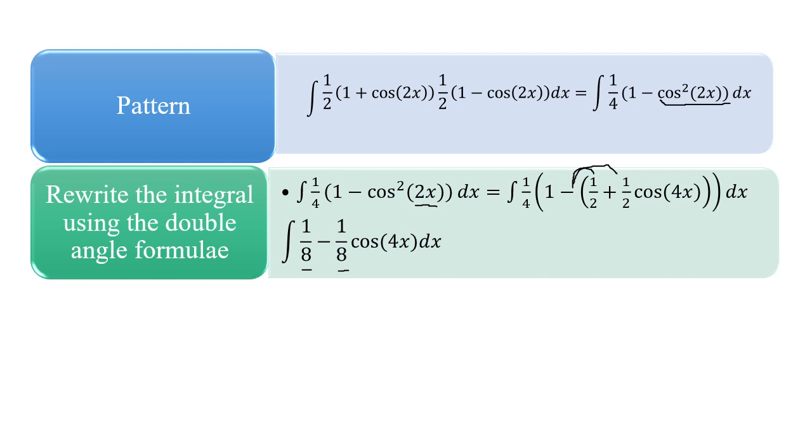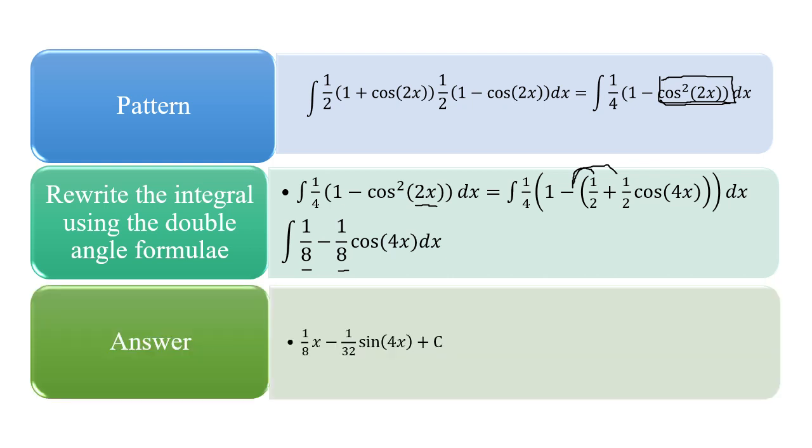So what we did here, we used the double angle to rewrite cosine squared 2x as just a cosine by doubling the angle. And then I simplified the integral. So I'm left now with just integrating. If we integrate 1/8, we get 1/8 x. And if we integrate negative 1/8 cosine 4x, the antiderivative of negative cosine is negative sine, but this is not x, it's 4x.